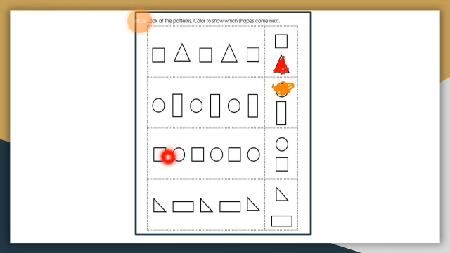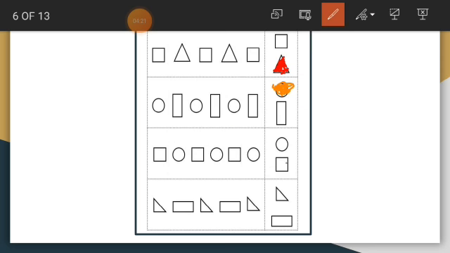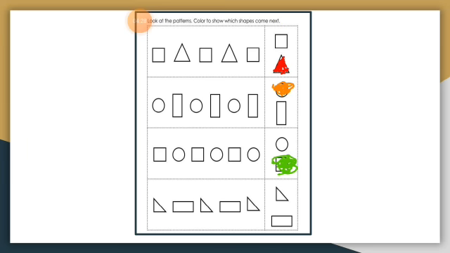Look at the third question. Square, circle, square, circle, square, circle. Which shape will come next after the circle? Yes, again square. Now color the square. This is how we will color the square. Now look at the last part.